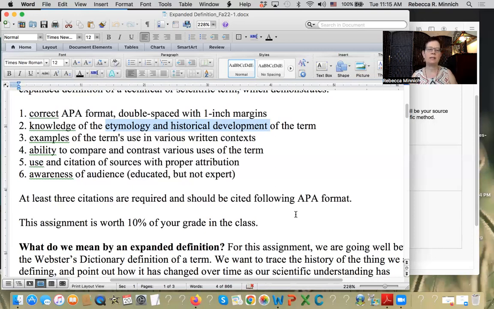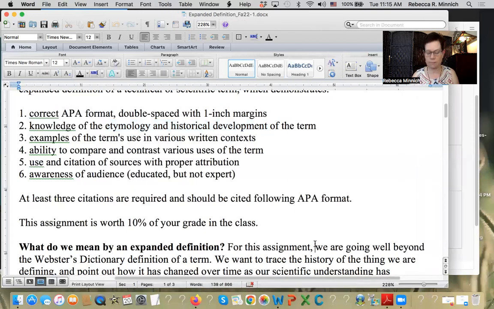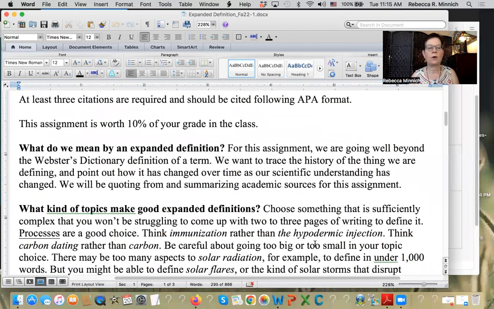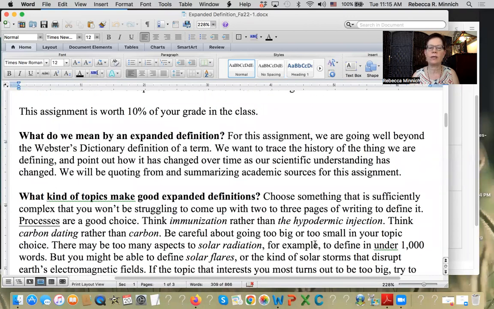So the expanded definition, you're not just defining a scientific term, but you're also talking about how that scientific term has changed over time. So let's just look at the explanation paragraph here. What do we mean by an expanded definition? For this assignment, we're going to have to go beyond the Webster's Dictionary definition of a term. We want to trace the history of the thing that we're defining.